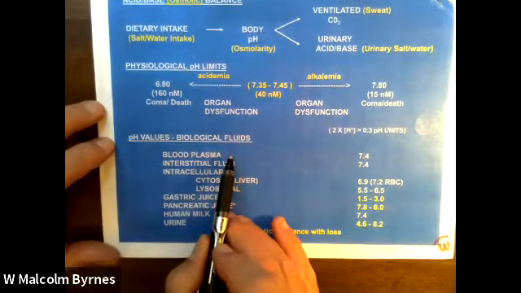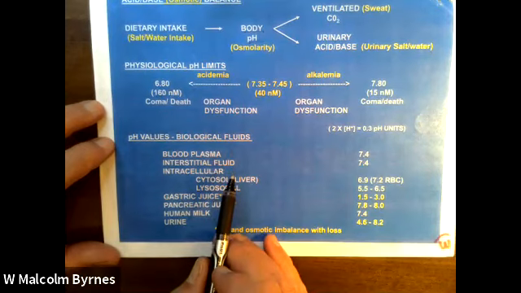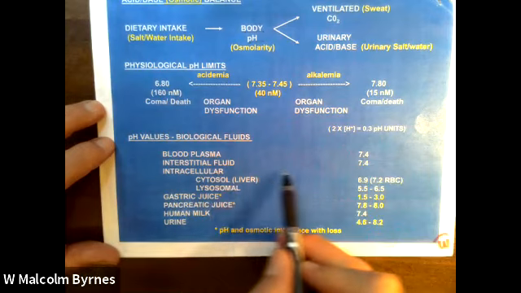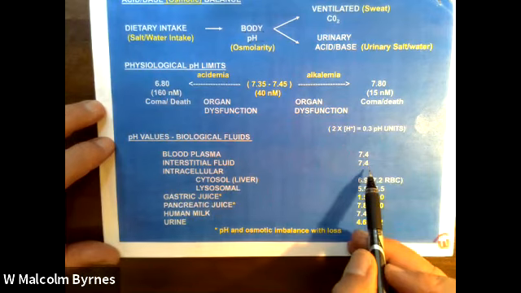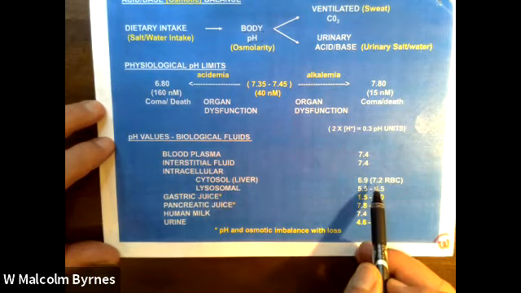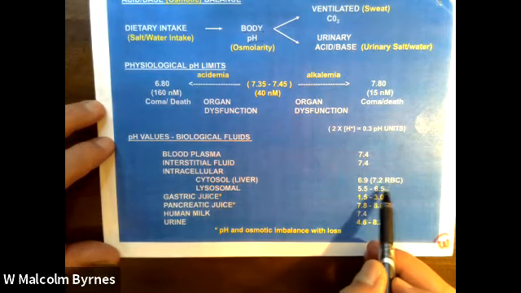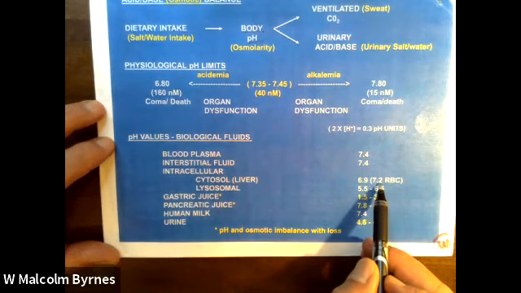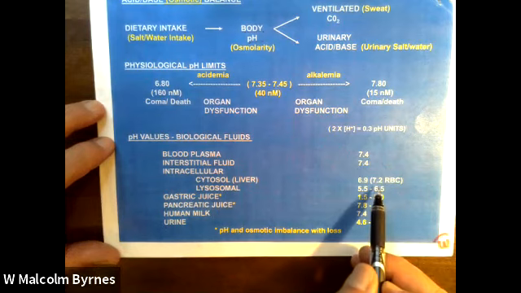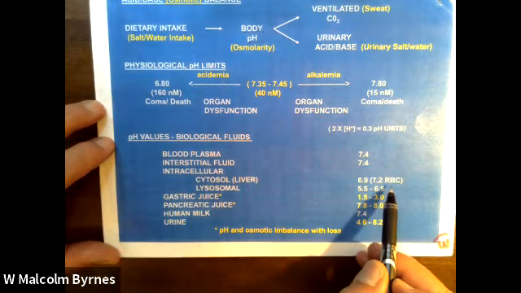Now let's look at the pH values of some different bodily fluids. Blood plasma, 7.4. Interstitial fluid, which is the fluid between cells and tissues, 7.4. Inside a liver cell, it's around 6.9. But inside a red blood cell, it's 7.2, which is actually a little bit more acidic than blood plasma.